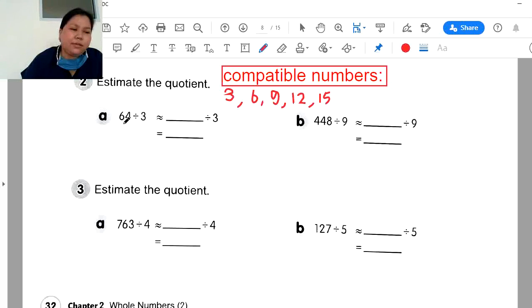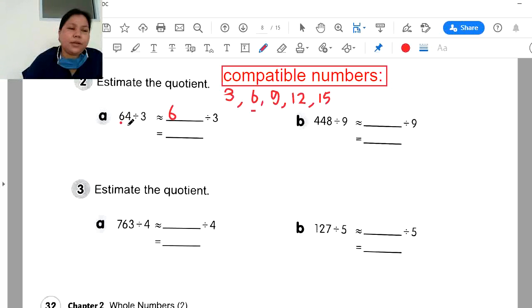Look at the first digit here. Is there this digit in the compatible numbers of 3? Yes, right? So we write 6. And after we find the compatible number, the other digit will be 0.